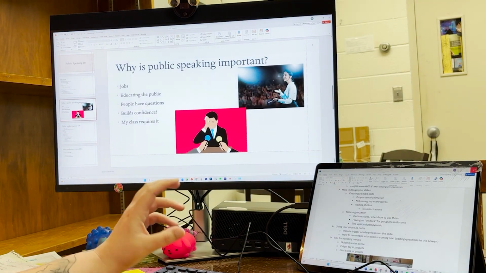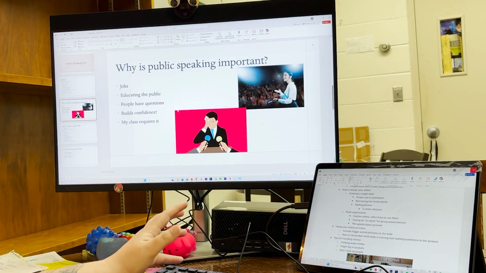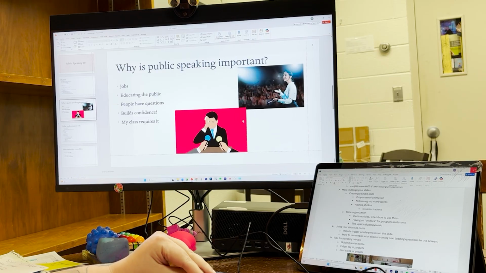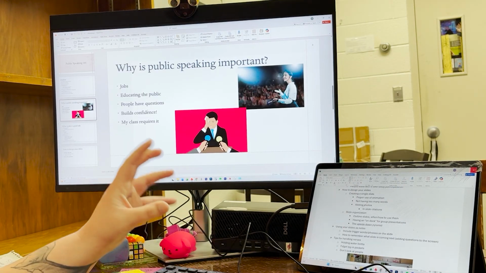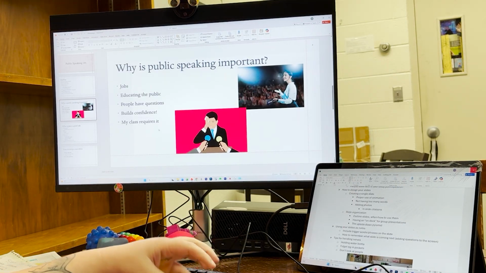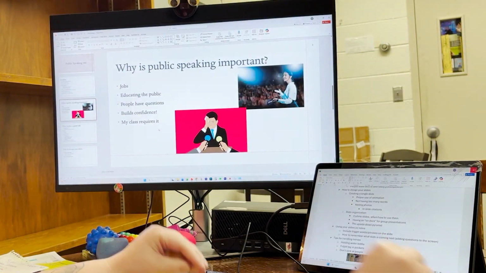So if we go back and sort of look at this initial slide that I made, we have some pictures to draw interest. We don't have very many words, we just have our key words.